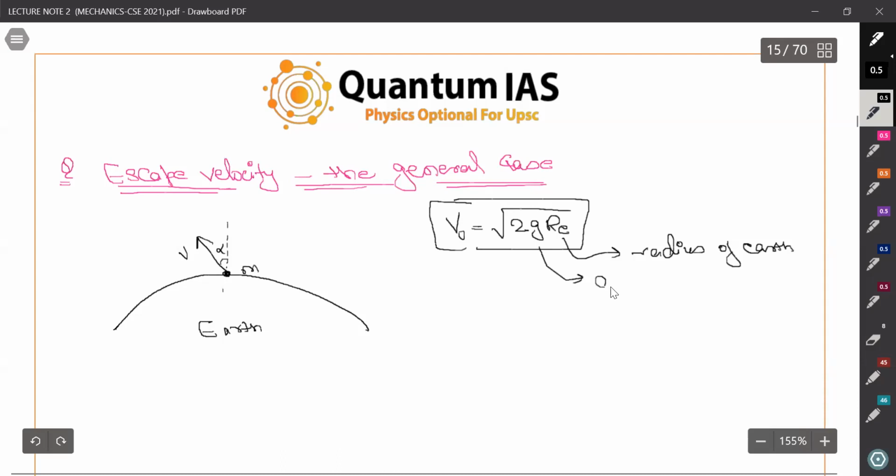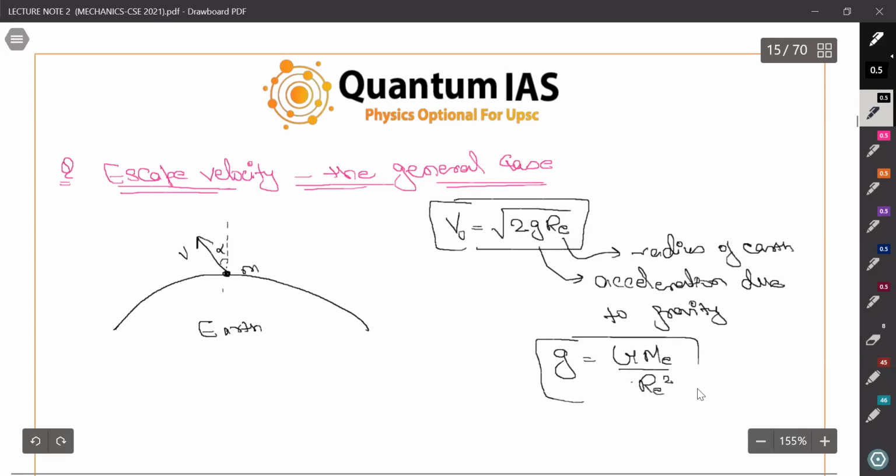and g is the acceleration due to gravity. Also we know that g equals G Me upon Re whole square, where Me is the mass of earth, Re is the radius of the earth, and G is the gravitational constant.